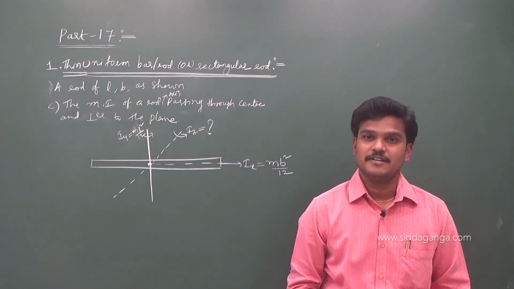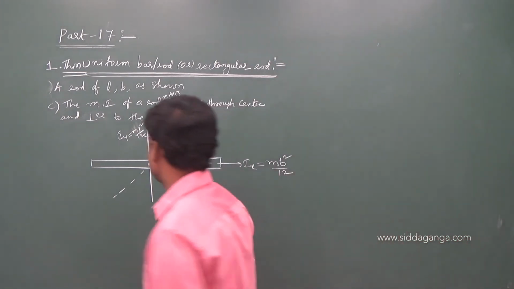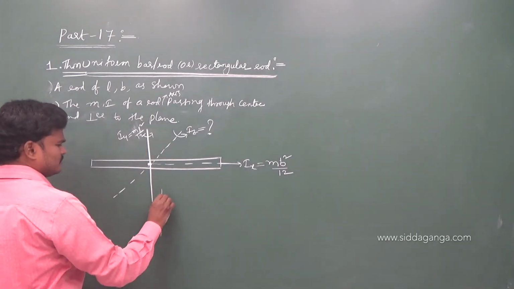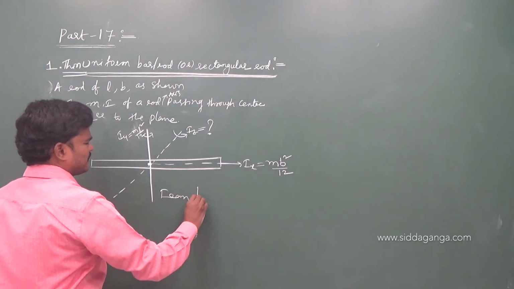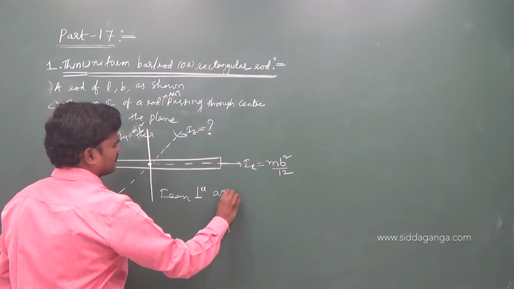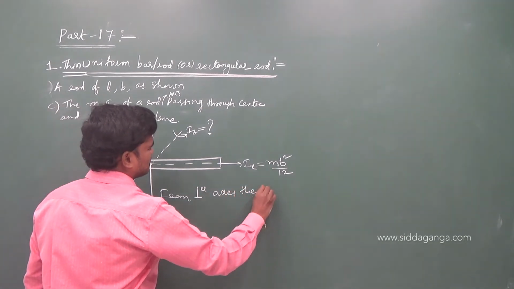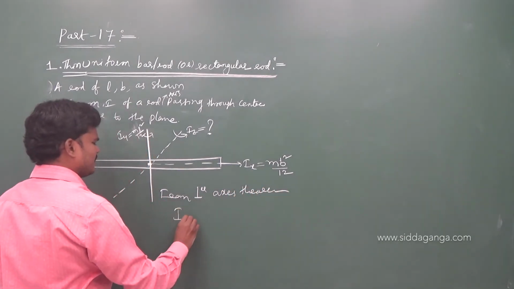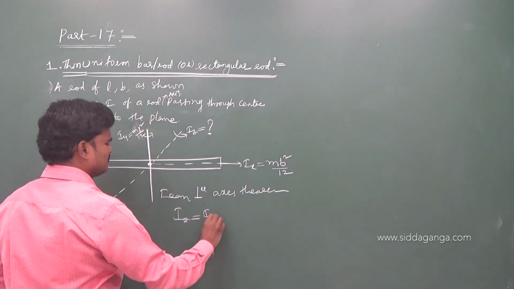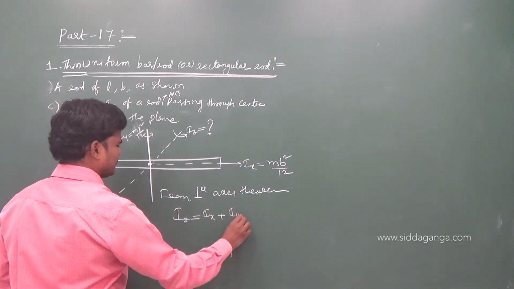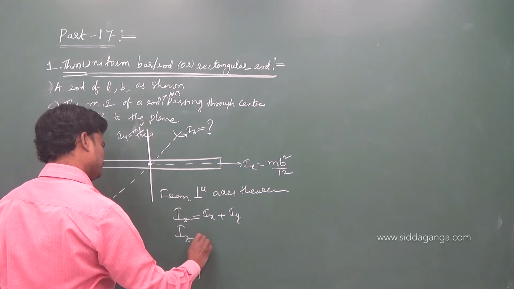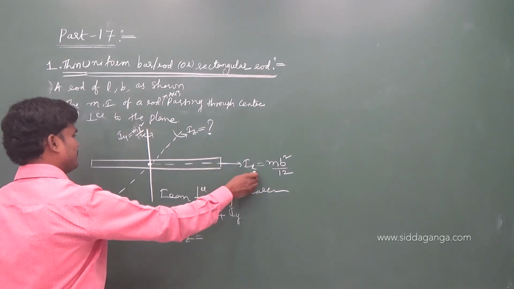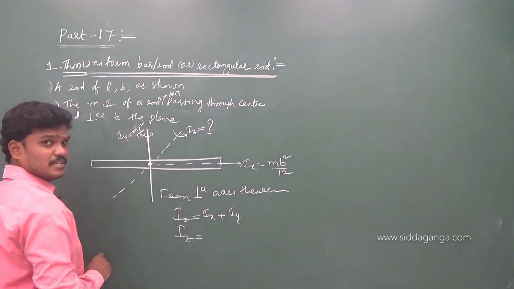Perpendicular axis theorem. From perpendicular axis theorem, we can write Iz is equal to Ix plus Iy. Iz is equal to Ix is mb square by 12, Iy is ml square by 12.